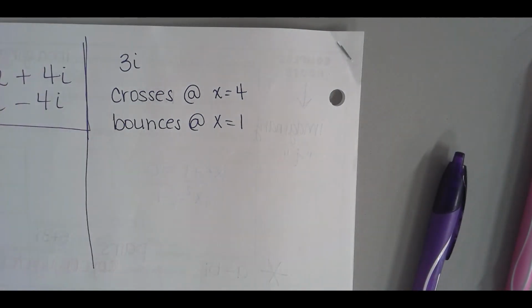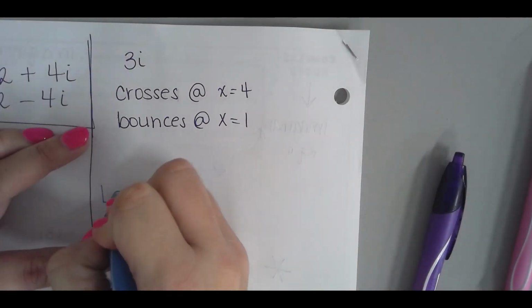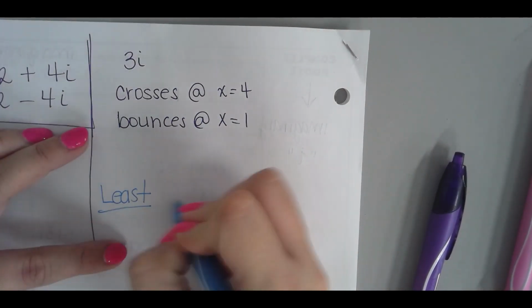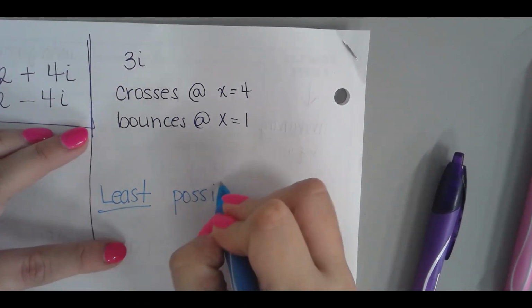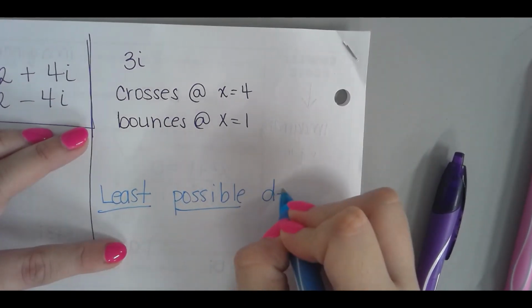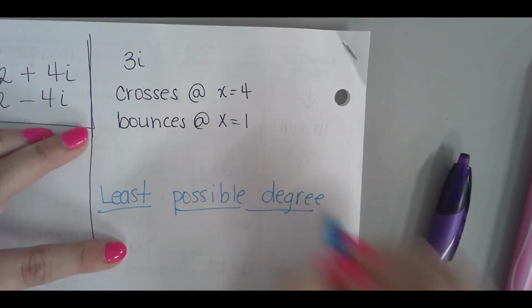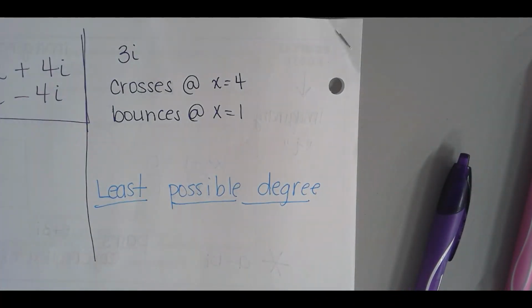I have a graph. I'm telling you one of its imaginary roots is at 3i. It crosses at x equals 4, and it bounces at x equals 1. I want to know the least possible degree. Five? 4? I'm going to go with 5.